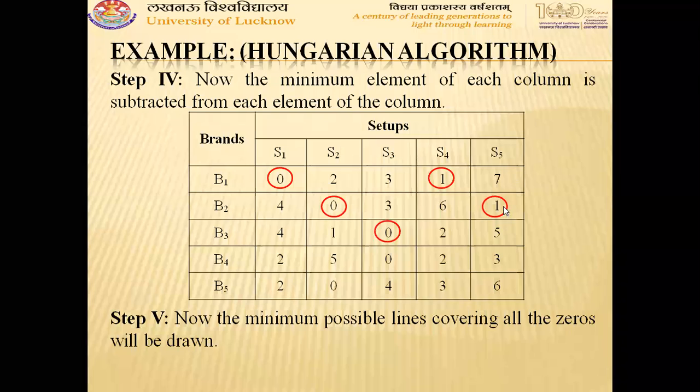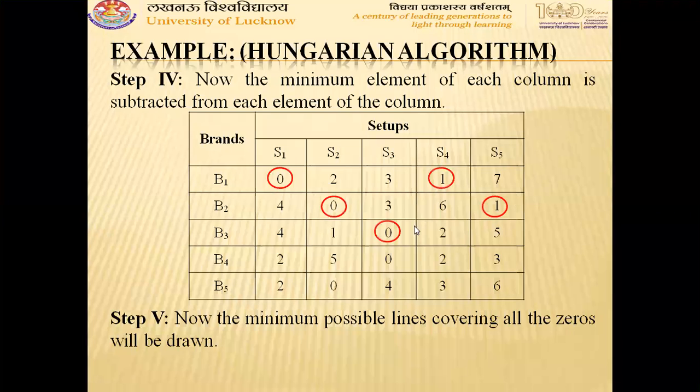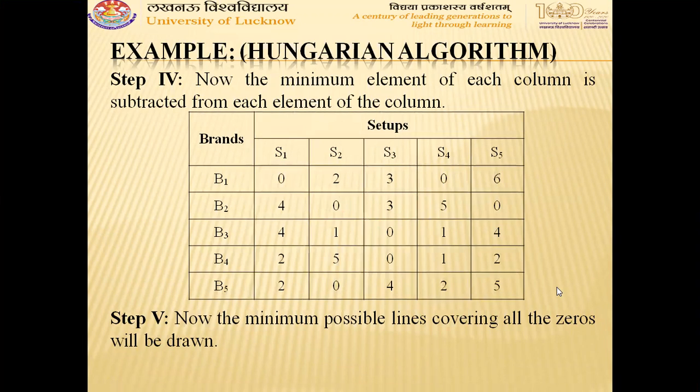Similarly, in fifth column, minimum element is 1, so 1 is subtracted from each element. So here we would get 6, 0, 4, 2 and 5. That is this matrix.